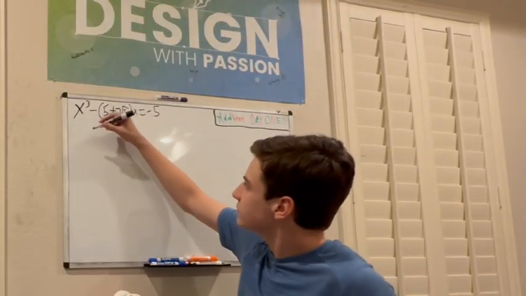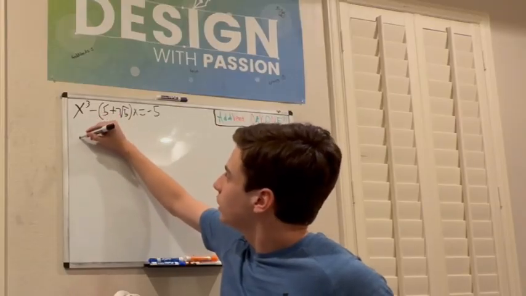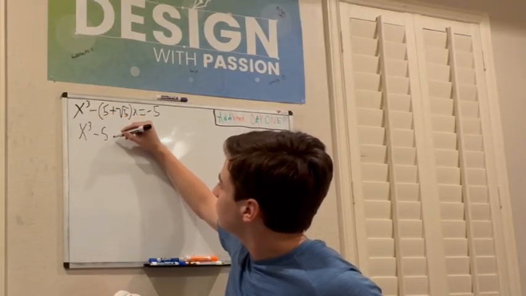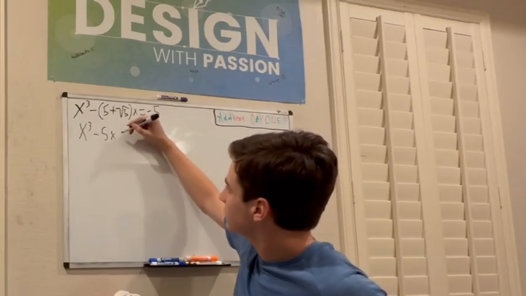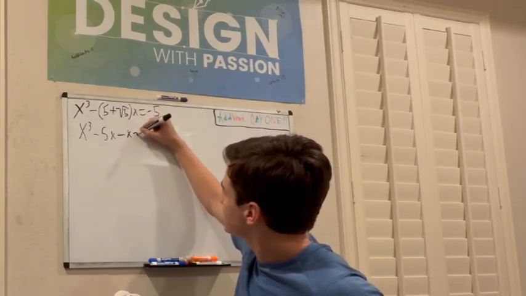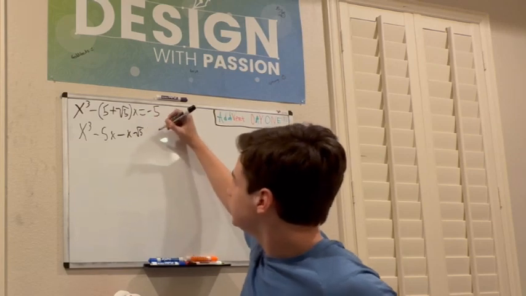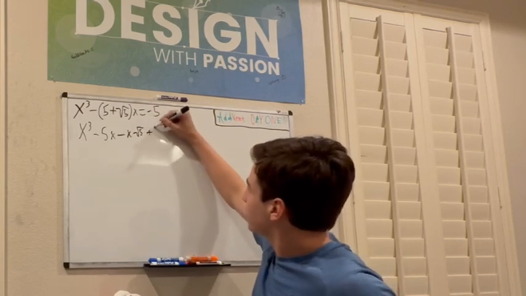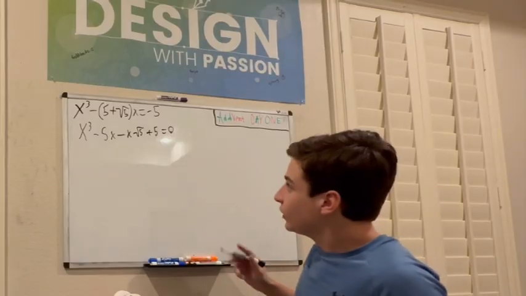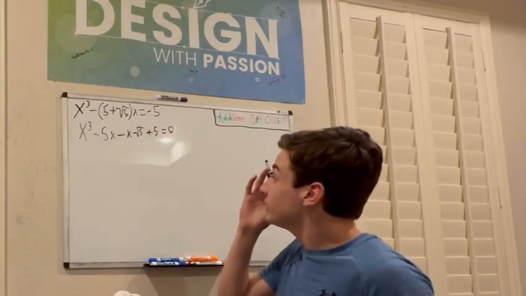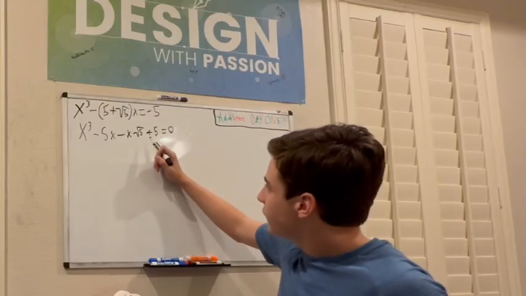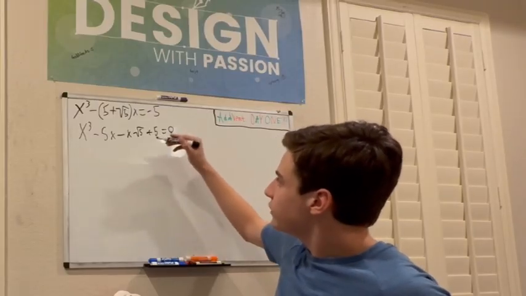It's a little bit unusual, but what we can do is expand this, so we get minus 5 times x, and then minus x times the square root of 5. And then we'll add 5 to both sides. What we'll notice here is that there's a lot of 5s, except one of them is in a square root. So we can do something with that.